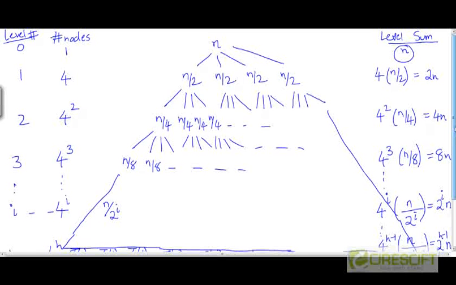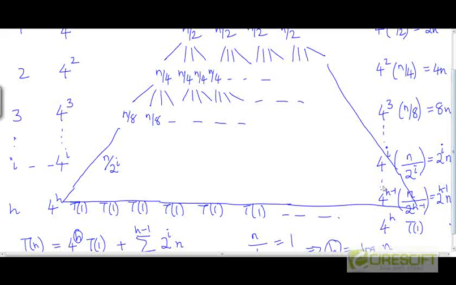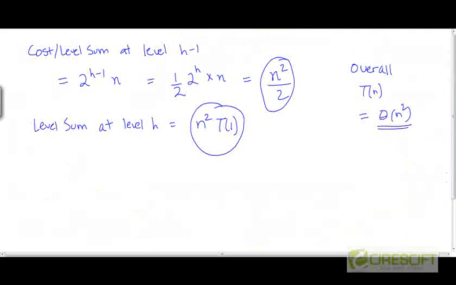So you can see that it's the very last level sum in this increasing geometric series that is asymptotically most dominant, and it essentially determines the overall asymptotic complexity of t of n.